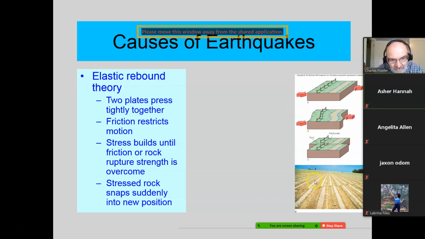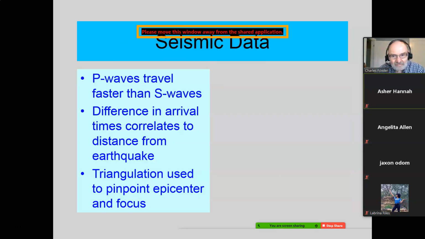This displacement looks like to me, I'm just guessing, 4 to 6 inches. That's pretty significant in my mind. Okay. This was just an illustration here, and this makes no sense at all. A road is what? 25 feet wide? You don't have that kind of displacement, but they were just giving you an illustration. Okay, I can't get it to advance back to where we were. Here we go.